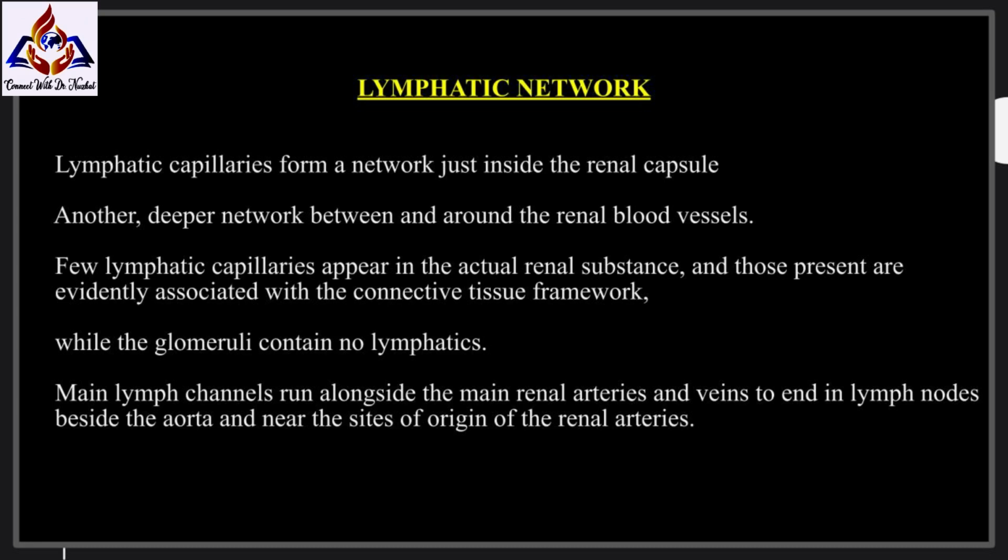Lymphatic networks inside the capsule and around the renal blood vessels drain into lymphatic channels accompanying the interlobular and arcuate blood vessels. The main lymph channels run alongside the main renal arteries and veins to end in lymph nodes beside the aorta and near the sites of origin of the renal arteries.